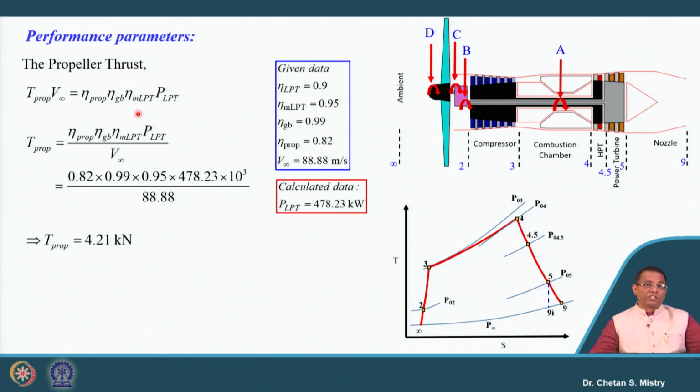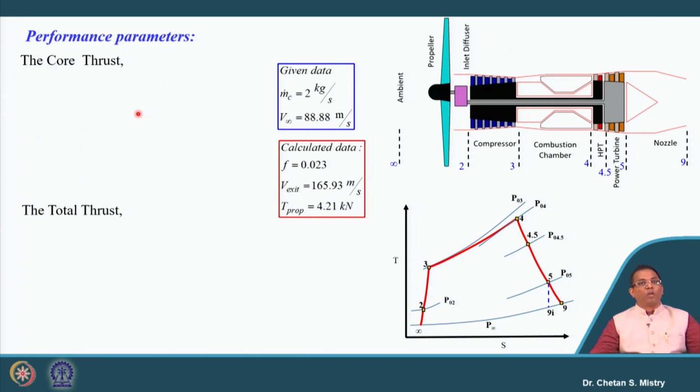If they already exist with the propellers, they want to fit a specific kind of propeller, then propeller characteristics are important. Based on those propeller characteristics, they will be calculating what will be the power requirement, and based on that you can also calculate the thrust requirement. Okay, but for this course dedicatedly, we will be calculating based on these fundamentals only.